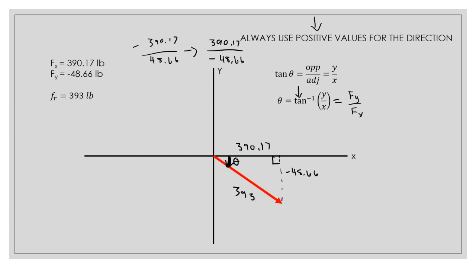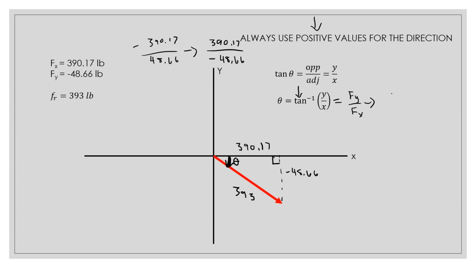So the calculator gets confused. Sometimes it'll give you a weird answer, and sometimes it'll give you a correct answer, but maybe not the one you are looking for. So it's important to work with positive values so that you end up with the angle that connects to that triangle.